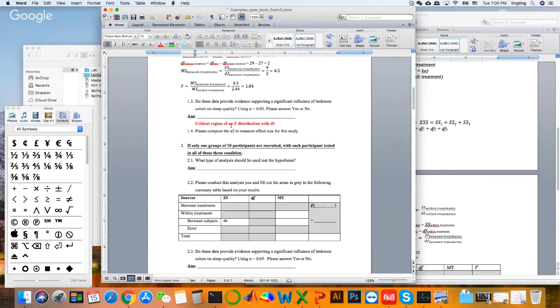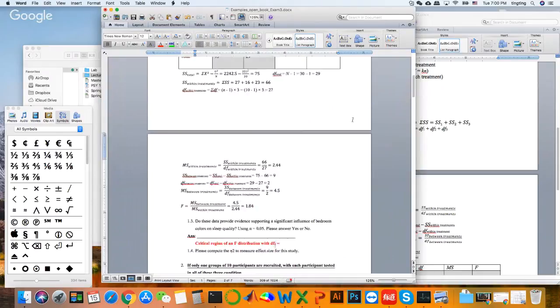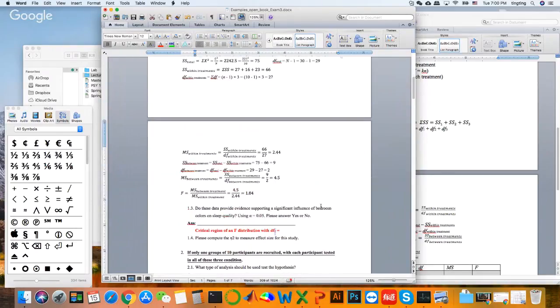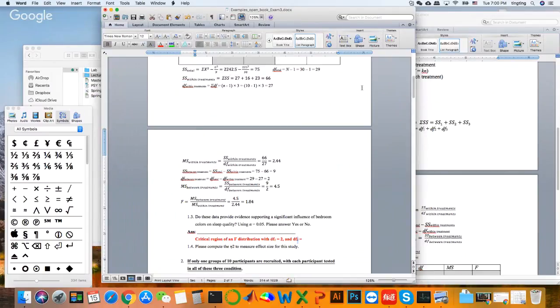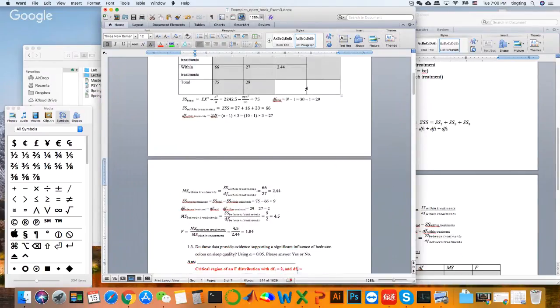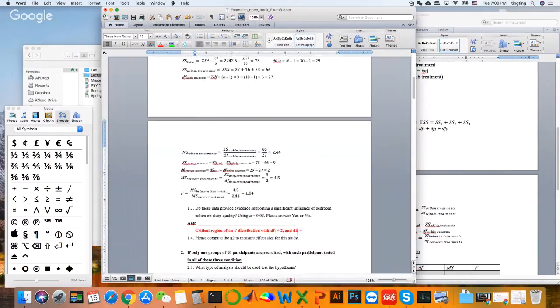DF1 is the DF of the numerator, which here we know is 2. And DF2, which is the DF of the denominator, here we know is 27, right? And we know its alpha equals 0.05.